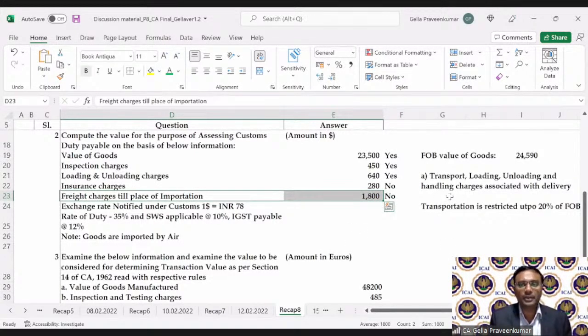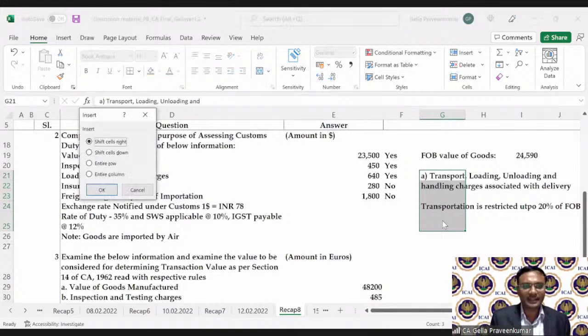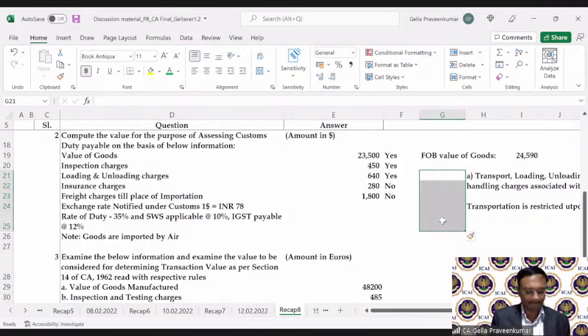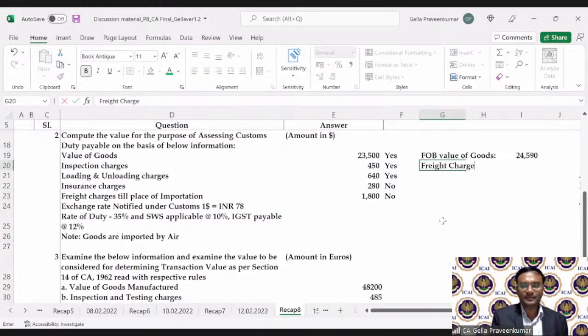So what we will do here, applying your rule 10. Let me just move this to the right side. Freight charges as per rule 10. Actual, restriction under rule 10.